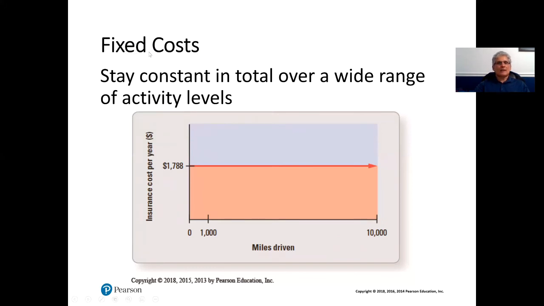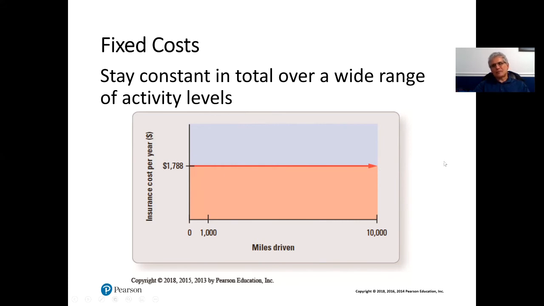Fixed costs. The concept of a fixed cost is a cost that stays constant in total over a wide range of activity levels. The example here is if you have a car, it doesn't matter whether you drive 0 miles or you drive 10,000. The insurance for that car is going to be pretty much the same, between 0 and 10,000.